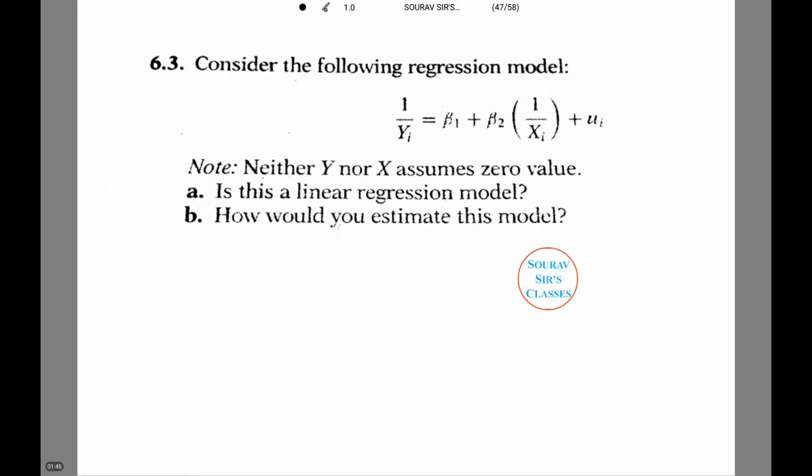We have the following regression model: 1 by yi equals to beta 1 plus beta 2 1 by xi plus ui. Note, neither y nor x assumes 0 value. We need to determine whether this is a linear regression model.